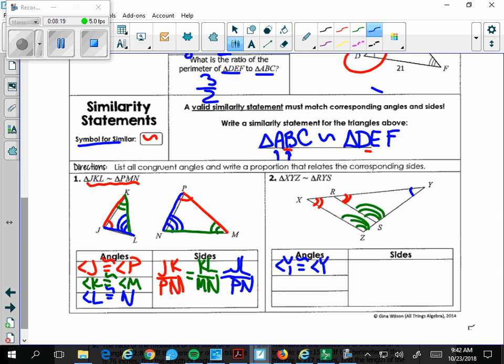And then I know that angle X is congruent to angle R, and angle Z is congruent to angle S. And the only thing that's a little bit different on this one is that parts of these sides are overlapping, but it doesn't really change what I'm doing here. I'm still going to say, okay, here I have side YS.